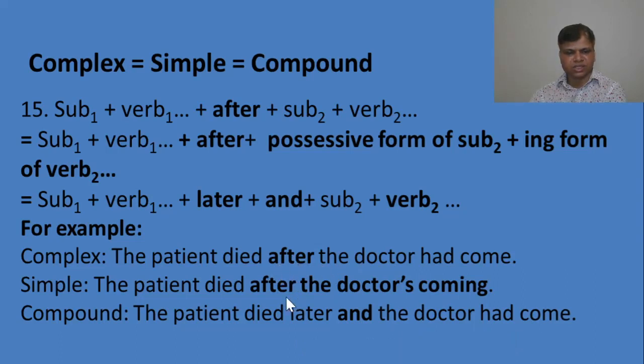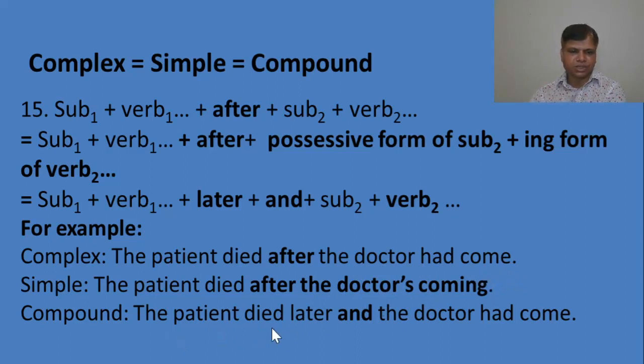So look at the simple sentence. After, then we use the possessive form of subject 2. Here the subject 2 is doctor, the possessive form will be the doctor's, and the ing form of come is coming.